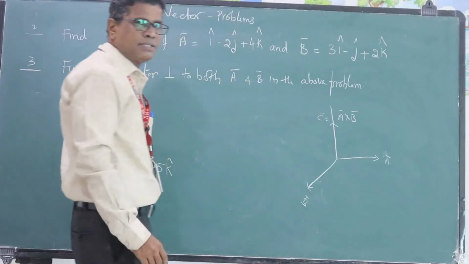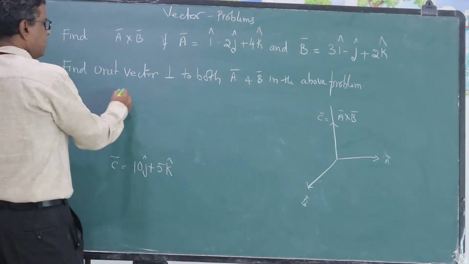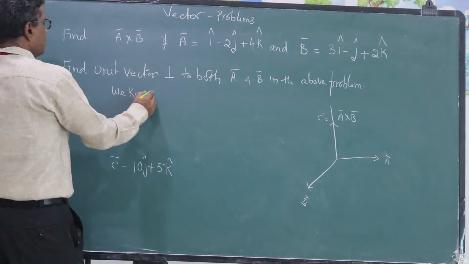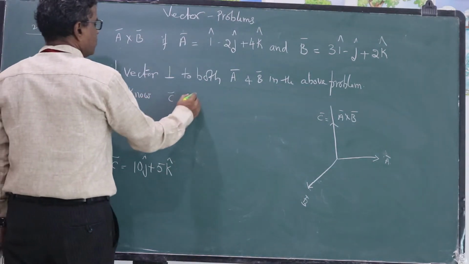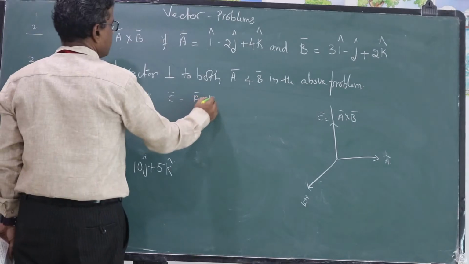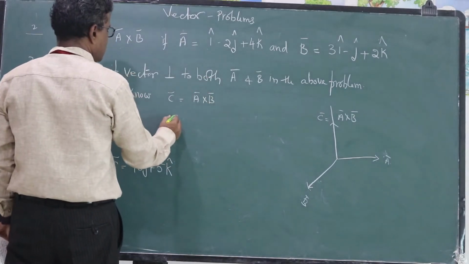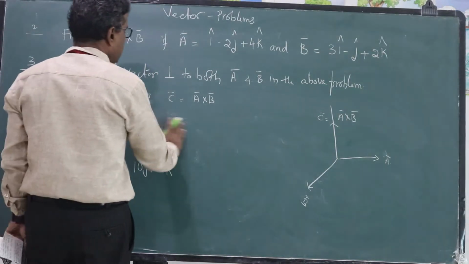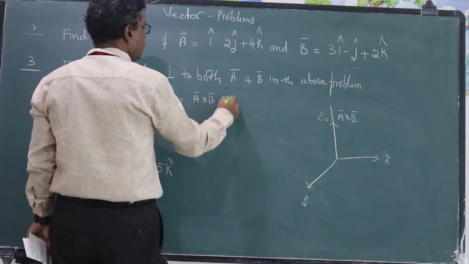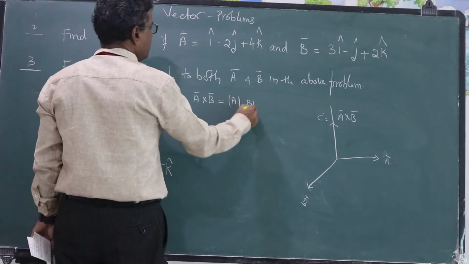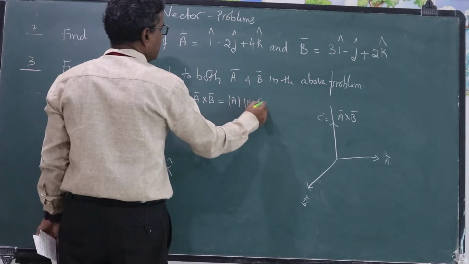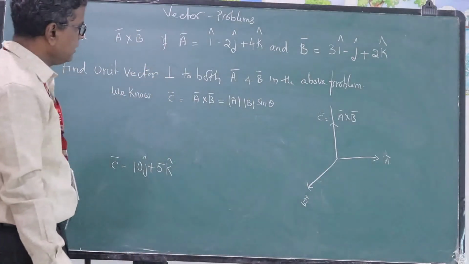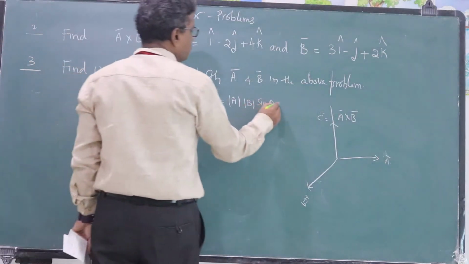So for the unit vector, we know that C bar is equal to A bar cross B bar, that is mod A mod B sin theta into n cap.